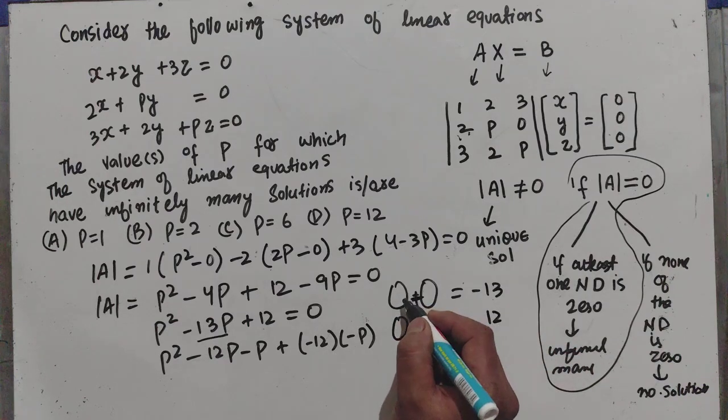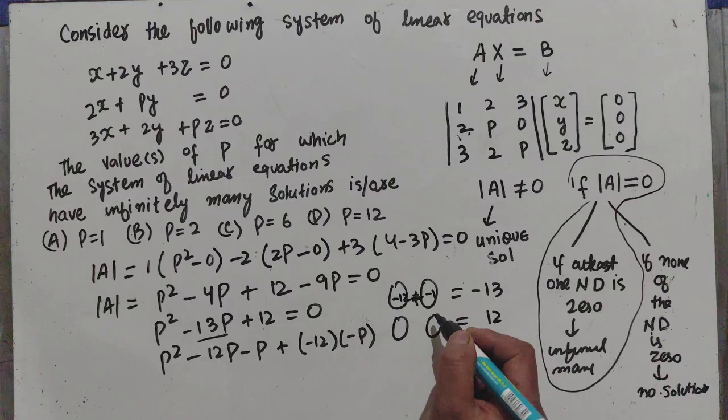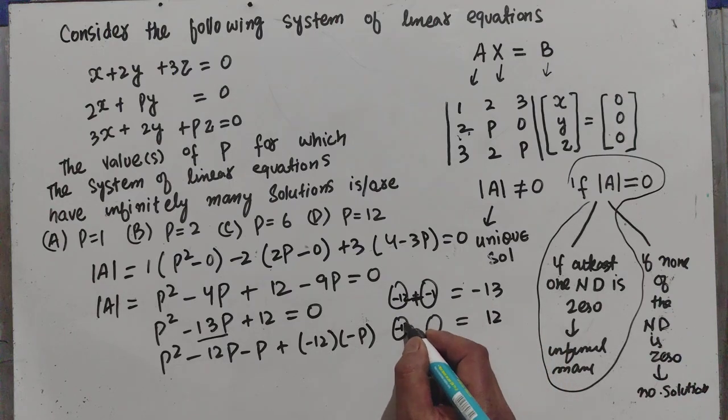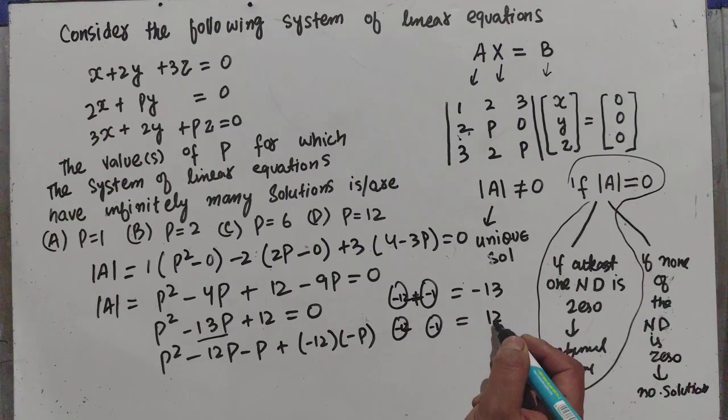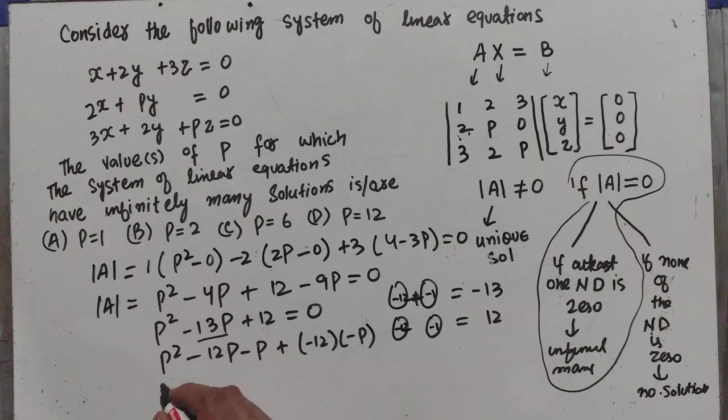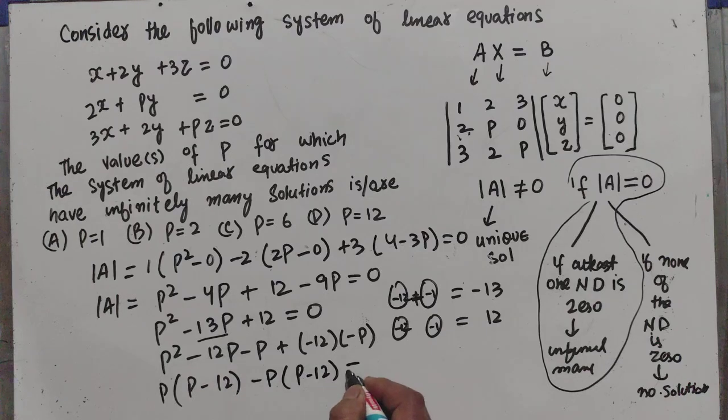So if we write here minus 12 and minus 1, it becomes minus 13. Minus 12 into minus 1 is plus 12. Okay, so let's take p common. We are left with p minus 12. Here we take minus 1 common. We are left with p minus 12, and it should be equal to 0.